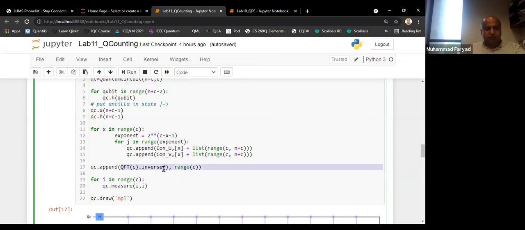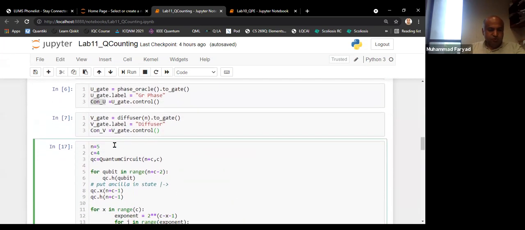And then I have this inverse quantum Fourier transform on the counting qubits only, and then at the end I have this measurement. So actually, to show it to you, let me start with C equal to 3.